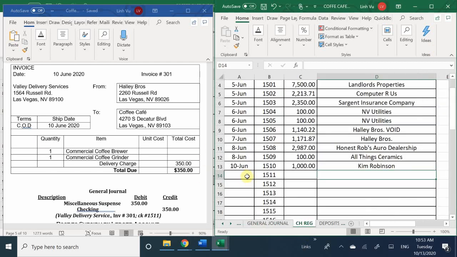Okay? And I need to indicate that I wrote a check for $1,511. So $610 for $350. Now, who am I writing this check out to? Valley Delivery Services.